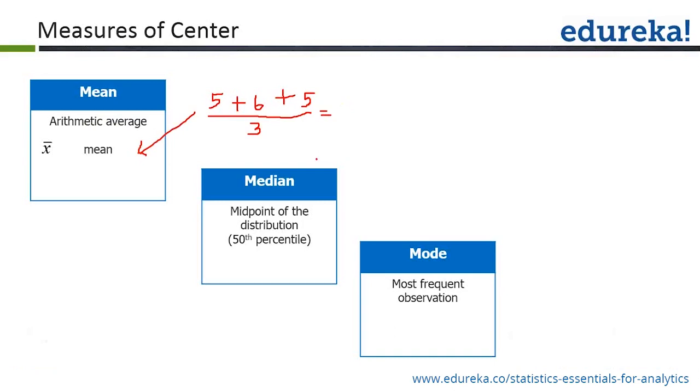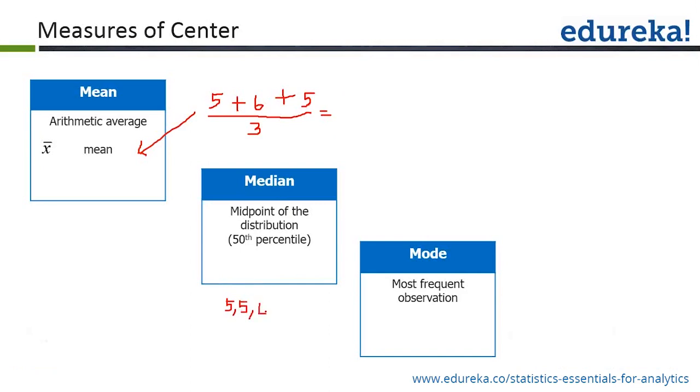So coming to the median, it refers to the midpoint of the distribution. If one has to calculate the median, the way to do this is you should sort the numbers in ascending order, right? So here the numbers can be sorted like this: 5, 5, 5, 6.